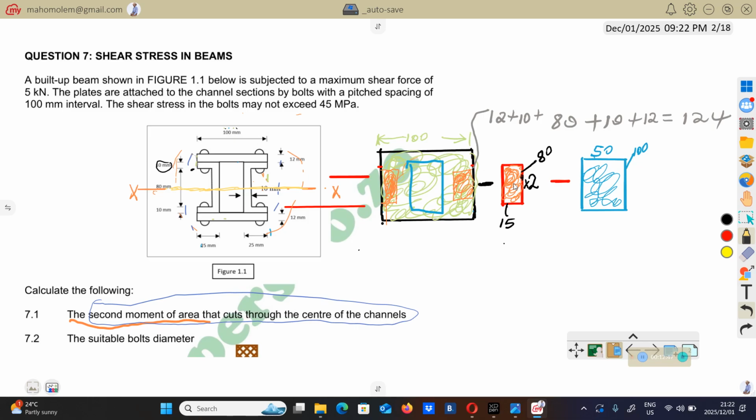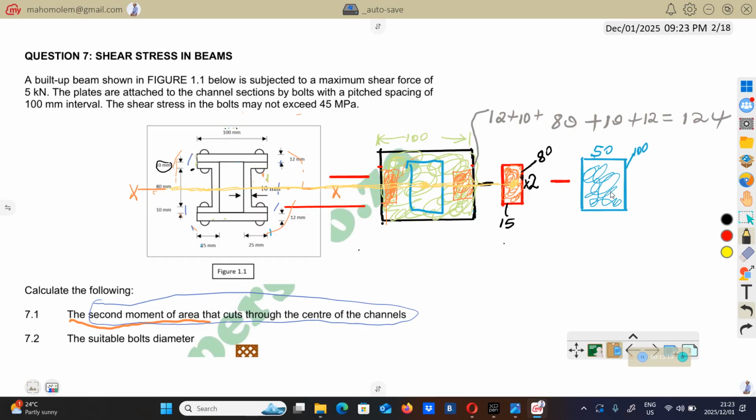you will see that the center of this black box is going to be somewhere here, in line with this XX line. Then again, the center of this red box is also somewhere there, in line with this XX line.